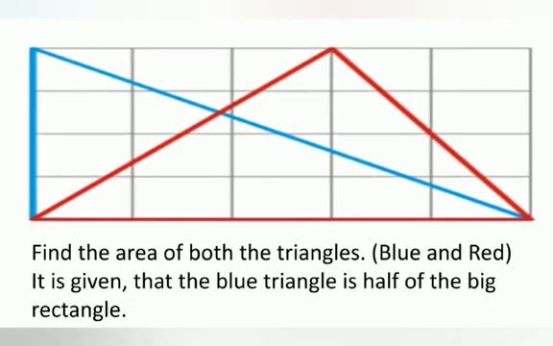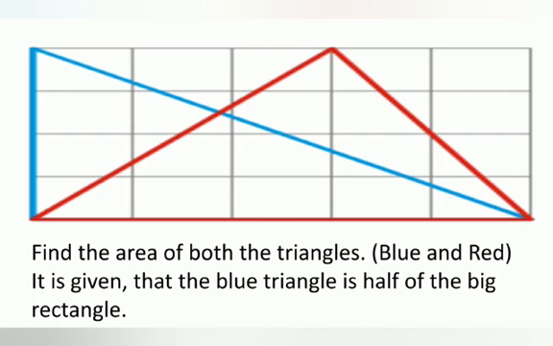Find the area of these 2 triangles. It is also given that the blue triangle is half of the big rectangle. We can see from the figure above that the blue triangle is half of the rectangle. How to find the area of these 2 triangles?